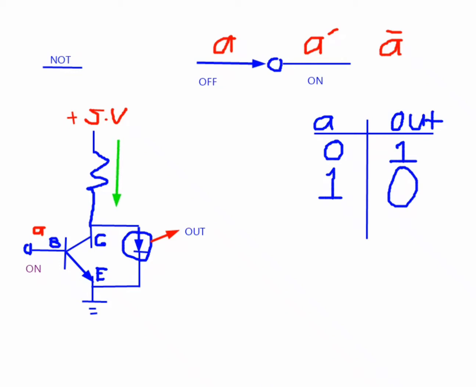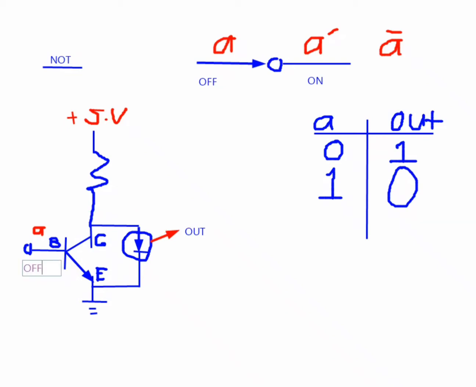The current will flow from the positive 5 volts, and once the current comes to this position, it can either flow from this point or from this point. Now electricity will always take the path of least resistance. So if our transistor is on, the current will only flow from the collector to the emitter. Therefore, no current will flow in this direction, so the LED will be in the off state.